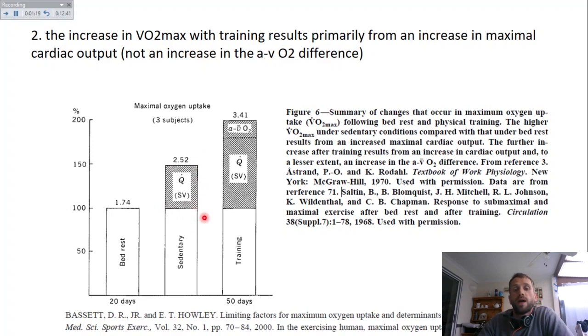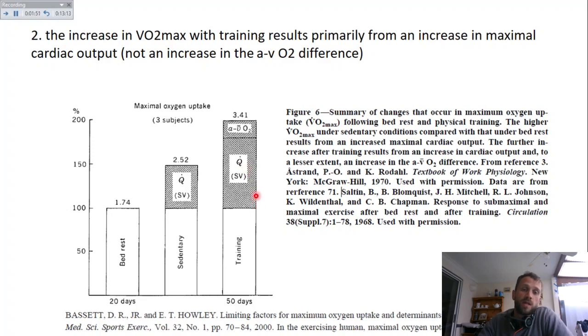Now if we compare the same individuals after they've undergone 50 days of endurance training, they've increased their VO2 max even further. Now their VO2 max is pretty much twice what it was under bed rest. And again, if we look at the mechanisms that explain this increase, we can see that the vast majority of their increase in VO2 max has been achieved by an increase in this Q, cardiac output.